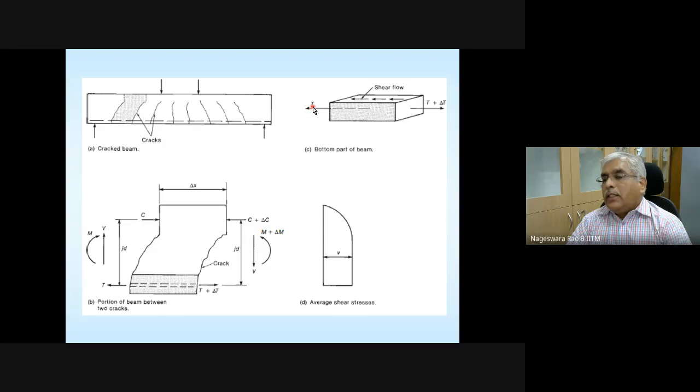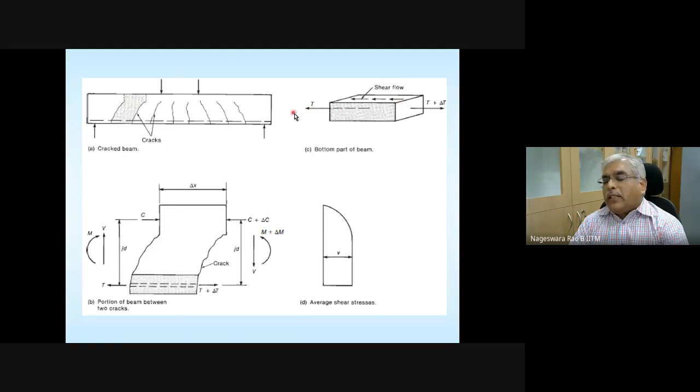T plus the shear flow. If shear stress is denoted with small v, and the length of this element is delta x, and let's say the width of this element is the same as the width of the beam, let's denote that with bw.